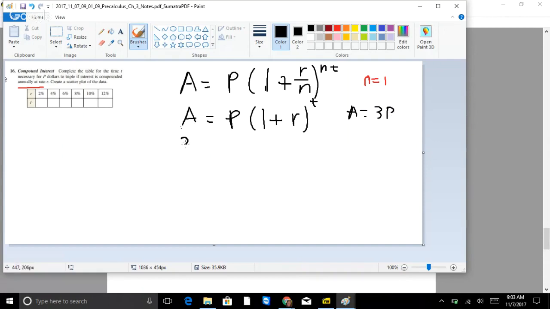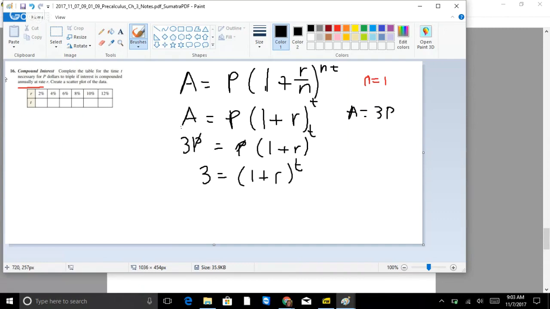If I put in here that the amount, 3 times the principal, equals the principal times my exponent, we're just doing a little pre-work before we even dive into the numbers, right? Then I can divide P from both sides. So basically we're trying to figure out when 3 equals 1 plus the rate, to the time power.